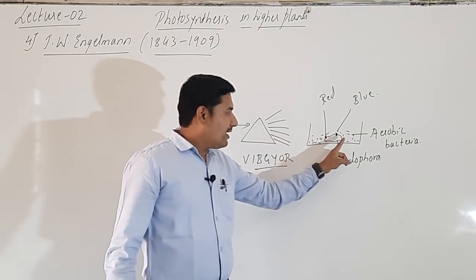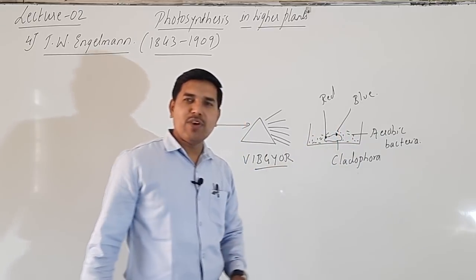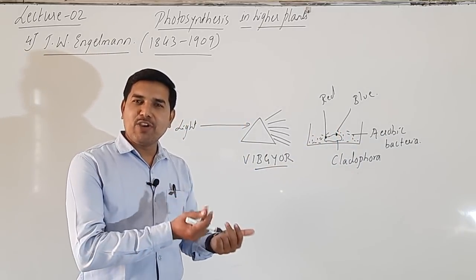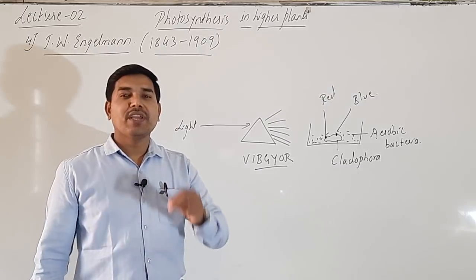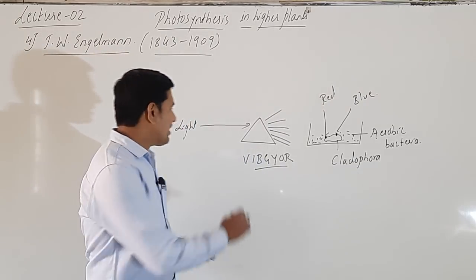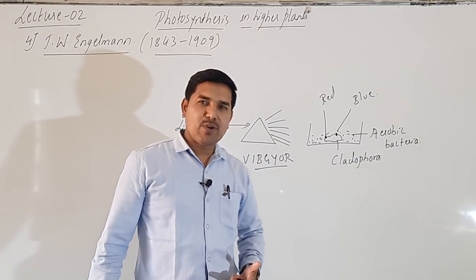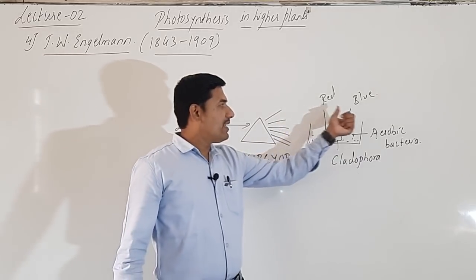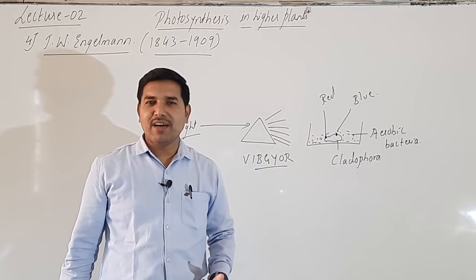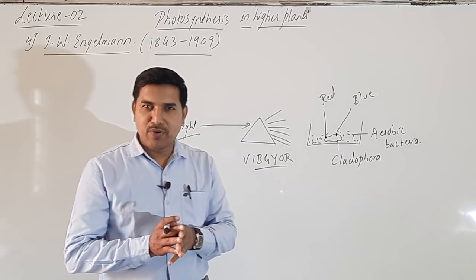Oxygen was released at the red wavelength as well as the blue wavelength of light, and the microbes accumulated there. That means he showed that the visible spectrum of light is required for photosynthesis. Apart from that, especially the red and blue wavelengths are very necessary for the process of photosynthesis. This was the conclusion.